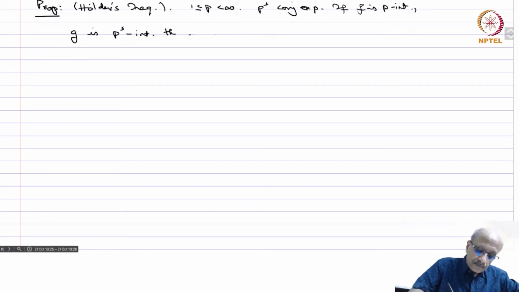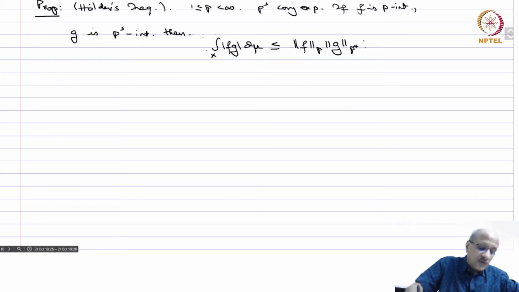Then mod integral over X of fg d mu is less than or equal to norm f p times norm g p star. So this is very similar to the Hölder inequality which we did before. Okay, so proof.